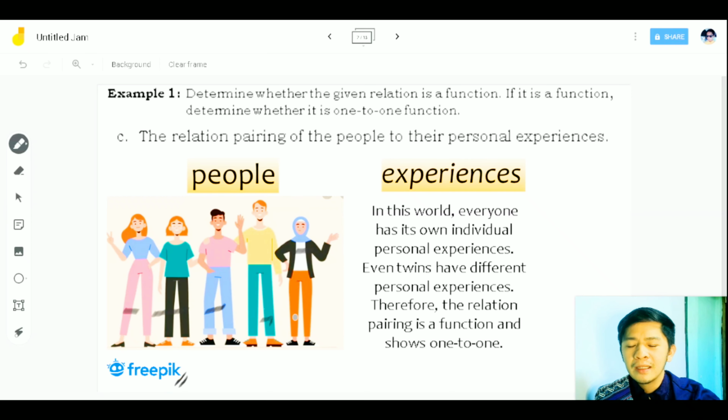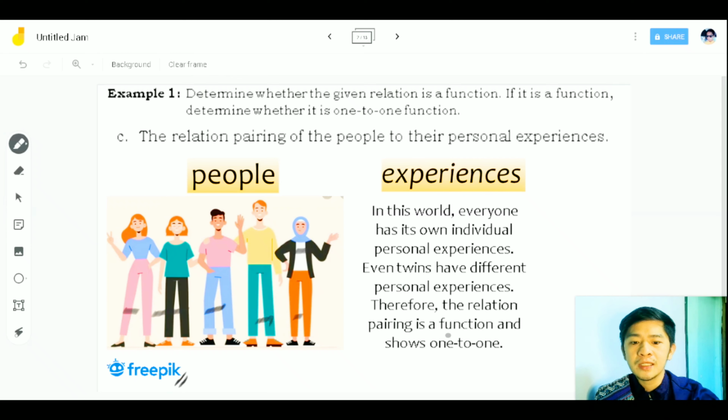So, lahat sila, kahit 10 sila dyan, magkakaiba ang kanilang experiences. So, nakalagay nga rito, in this world, everyone has his own individual personal experiences. Even twins have different personal experiences.